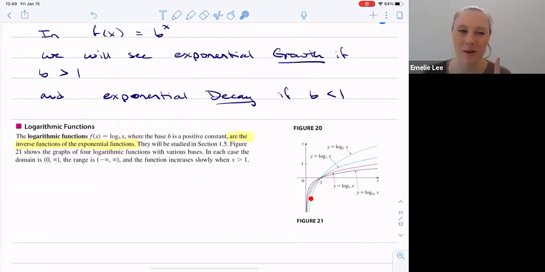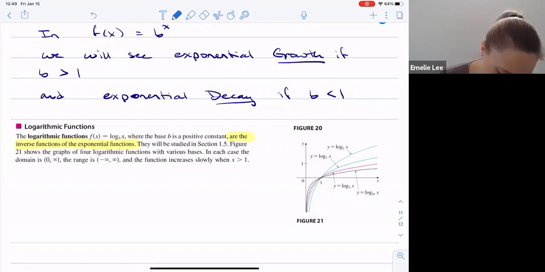And remember, the domain for a log, one of those rules that we started with, is that we can't take the log of a negative and we can't take the log of 0. So the domain goes from 0, not including 0, up to positive infinity.